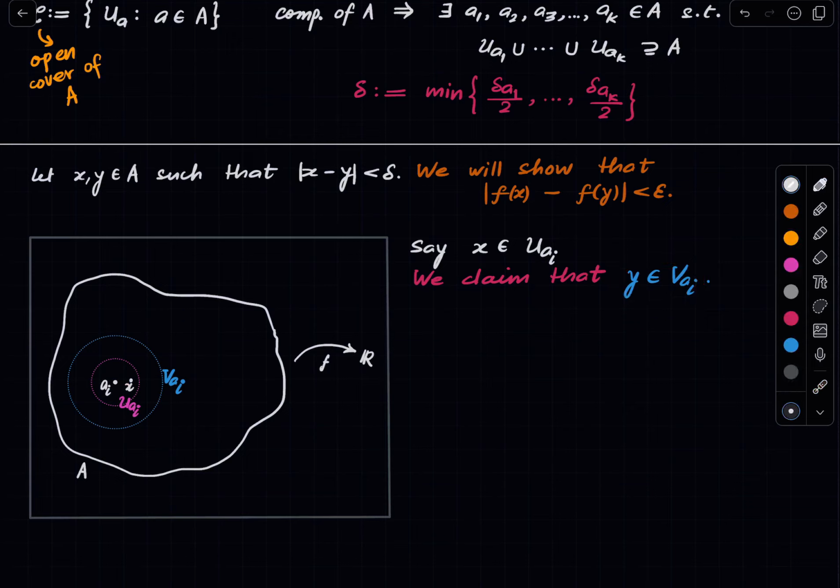You can write down the proof of it in your notes for yourself. And that's it. So since x is in UAI, it is in particular also in VAI. And hence by the choice of VAI, this thing is less than epsilon by 2.